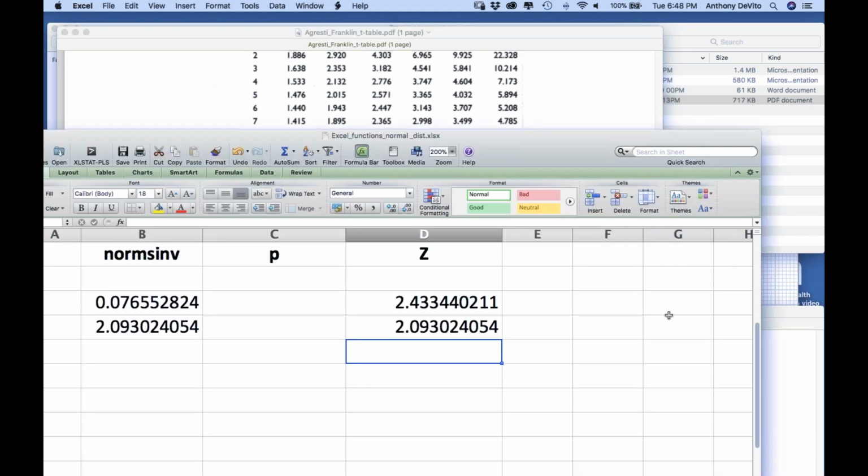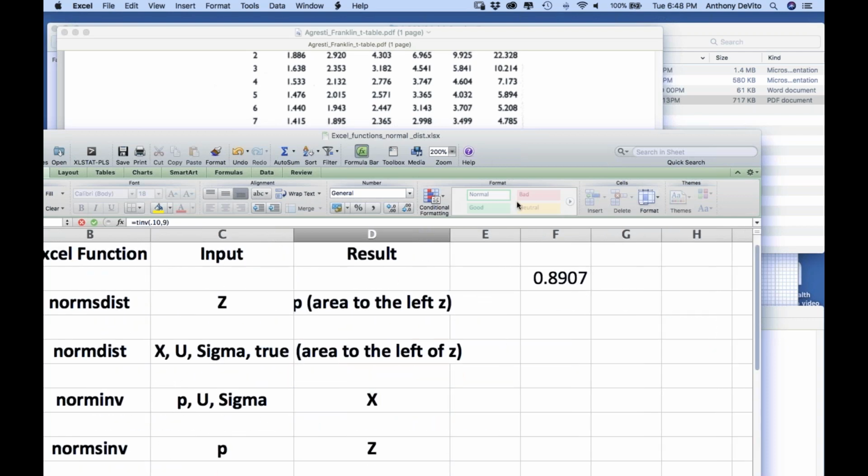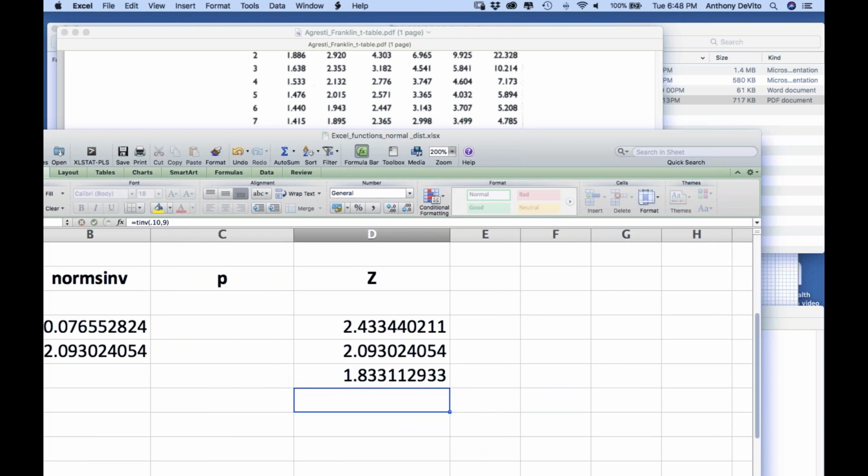So I'm going to put in here equals t inverse, parentheses, 10%, comma, and 9 degrees of freedom. Okay, this is going to be bigger because it's a smaller sample size. Hit enter. And it's actually going to be bigger than it would have been if it would have been 95%. It's 1.83. I think you actually did that on one of the examples in the lecture.